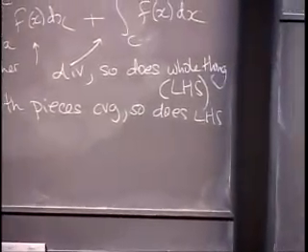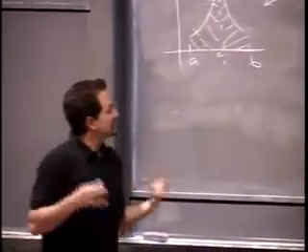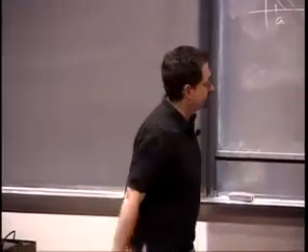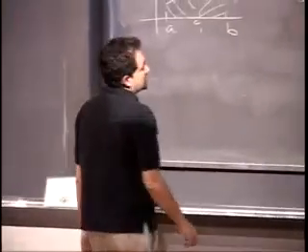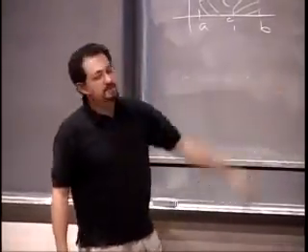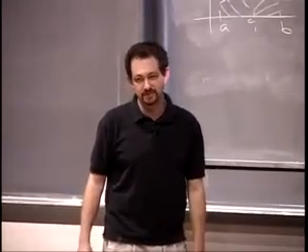If that second piece diverges, it invalidates the whole thing. So one piece diverges, the whole thing diverges. Every piece converges, so does the whole thing. I say every piece, there's only two pieces there. Sometimes you have to split an integral up into multiple pieces.